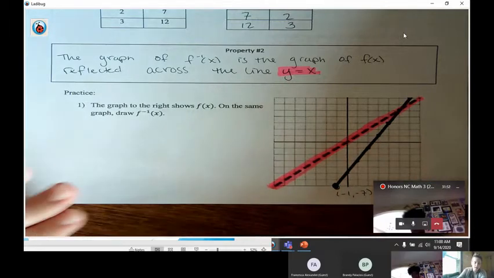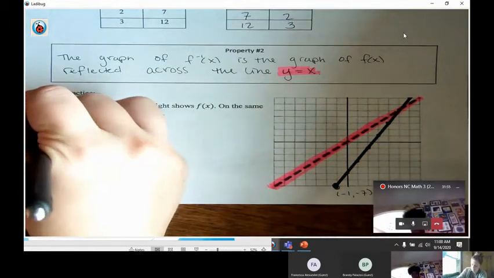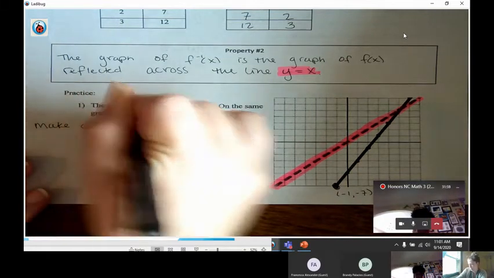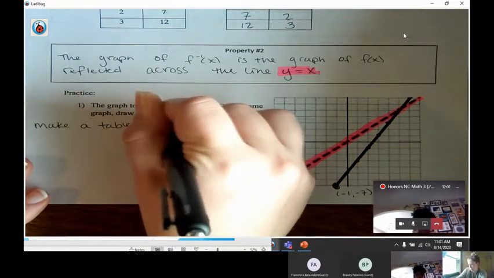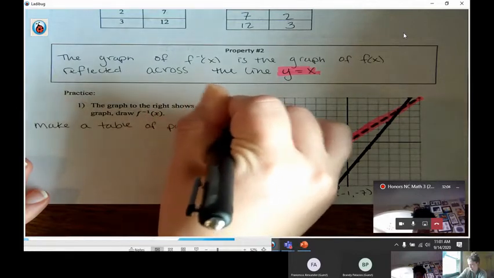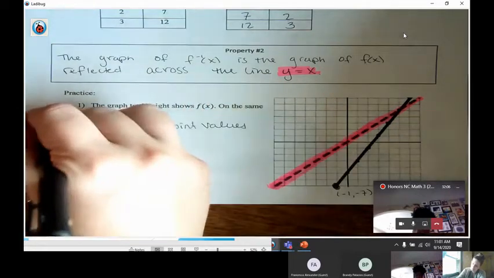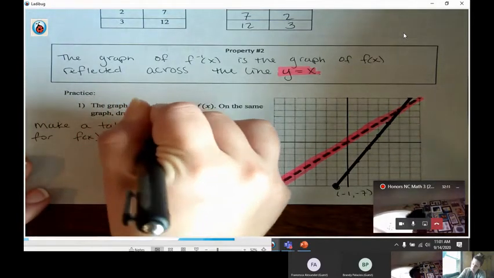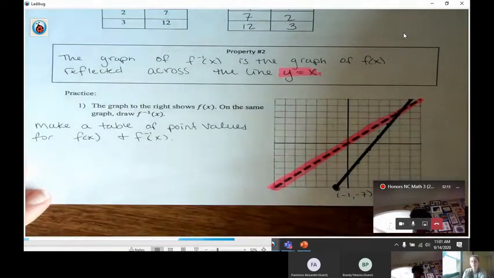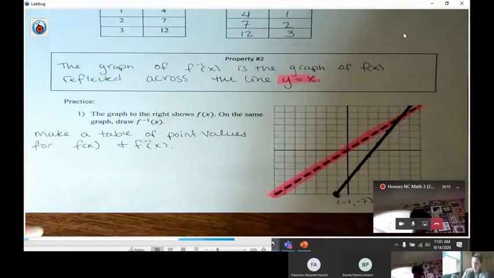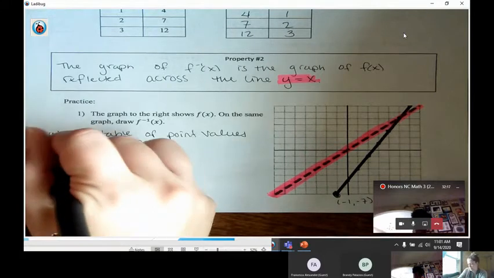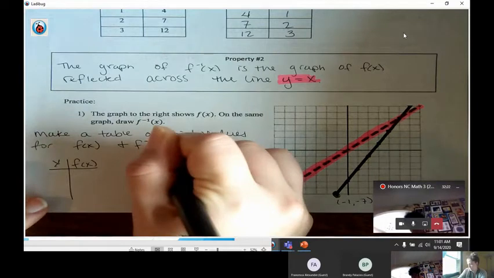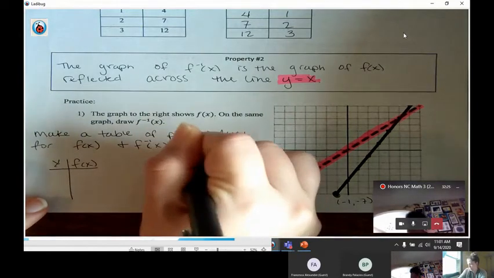Okay, so I'm going to make a little chart. Okay, so I'm making a table of point values for f and f inverse. So I'm going to have x, f of x, and x, f inverse of x.